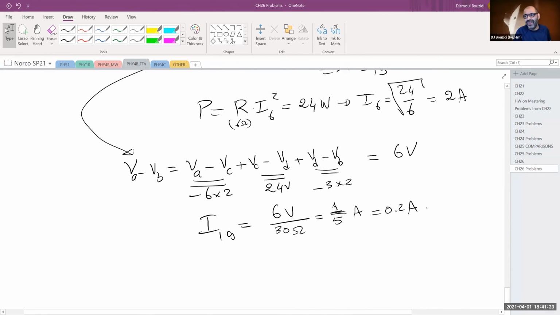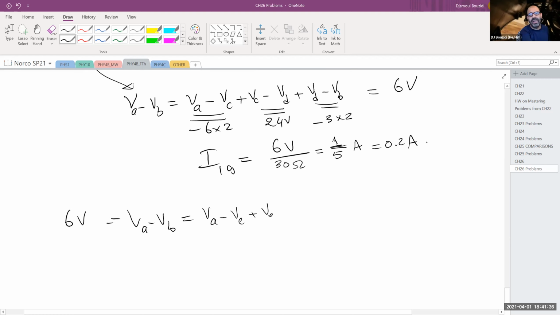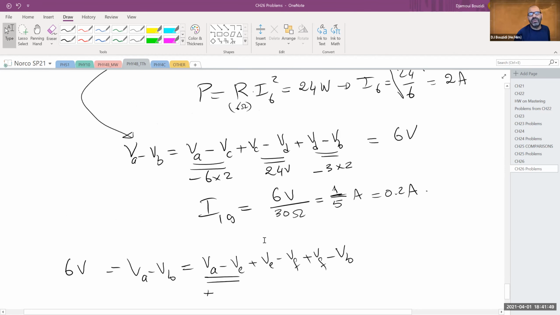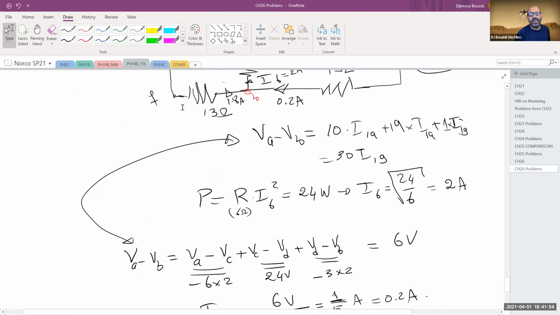So if I'm calculating VA minus VB again, which I know is 6 volts from the previous step, it must be equal to VA minus VE plus VE minus VF plus VF minus VB. This one is actually a positive drop. It's a number that is positive, which is equal to, what is it, the 17 ohm resistor there? Yeah, 17 ohms times 1.8.